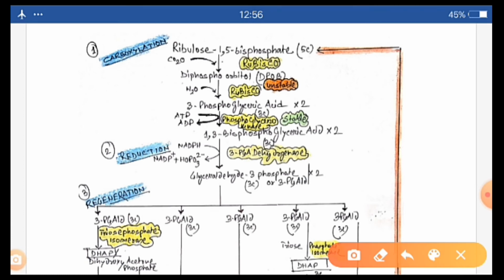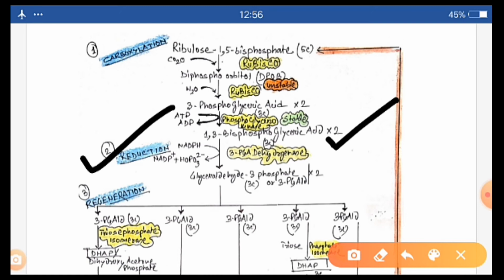Then we will take a look at the reduction process, or we will see how reduction takes place. So our product is 1,3-bisphosphoglyceric acid, and this product reacts with NADPH, the product of light phase.